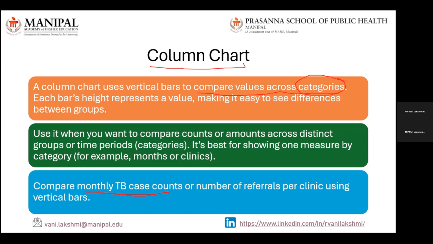It is used when you want to compare counts, which means the variable here is a number, number of cases, number of people adhering to it, across groups or time points. That is when you use a column chart. Each bar's height represents the numerical value.